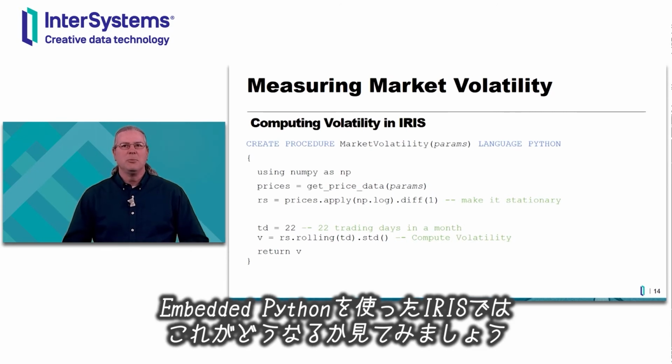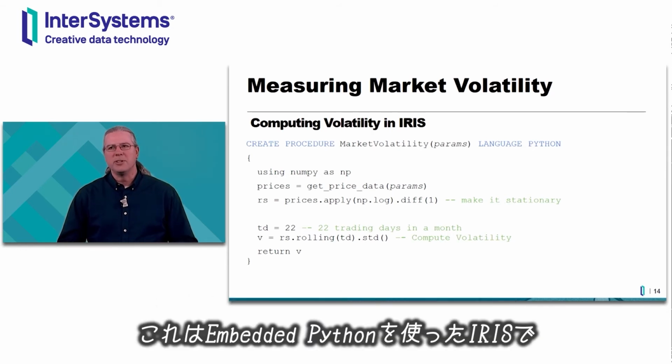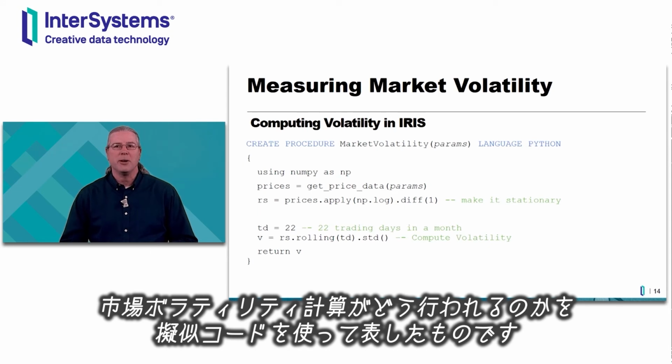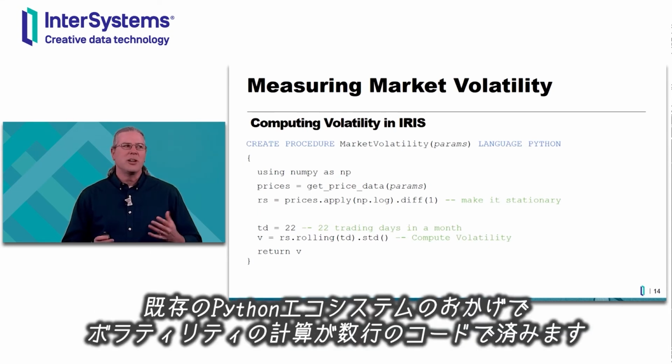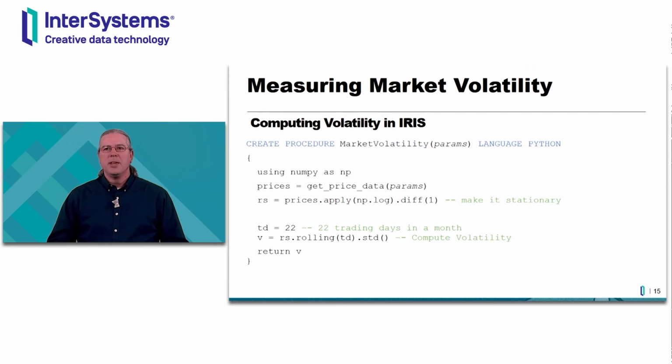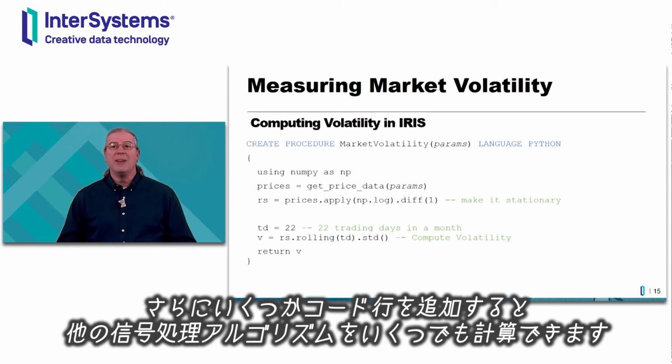So let's see what this looks like in Iris with embedded Python. Here we see a pseudocode implementation of what a market volatility calculator would look like in Iris with embedded Python. Note that this is just a couple of lines of code to compute the volatility thanks to the existing Python ecosystem. In a few more lines of code, we could compute any number of other signal processing algorithms.